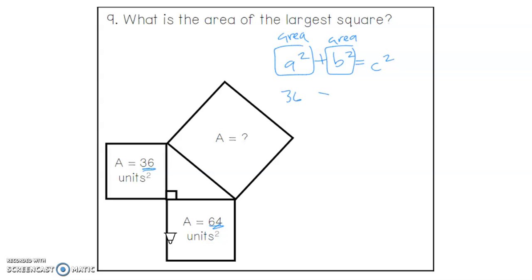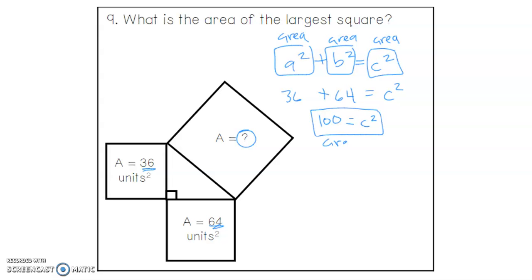So 36 plus 64 should equal the area of the large one. Oh, hey, 100 equals c squared. That's as far as I go this time because I want the area. This represents area. If I took the square root, I'd be finding the side length here. Okay, so sometimes we overcomplicate it. What is it actually asking for?